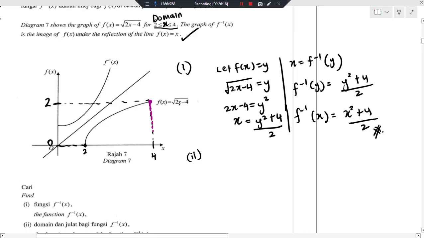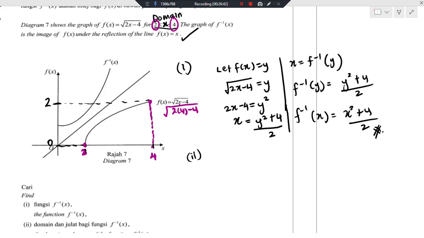Okay, kita ganti je lah. 2 times 4 minus 4 square root dia. What do you get? Two kan? Itulah saya cakap 2. So, this one for fx, for fx.